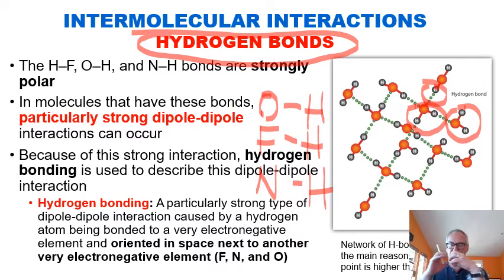The hydrogen is in a sort of tug of war, because it has the partial positive charge, and that partial positive charge actually goes up even more because it's in the presence of two now very electronegative oxygens: one that it's covalently bonded to, and the other that it's interacting with through this dipole-dipole interaction.